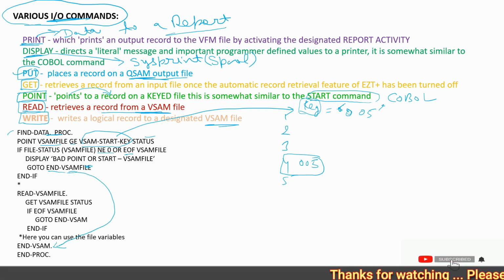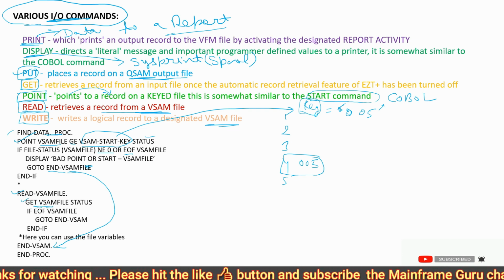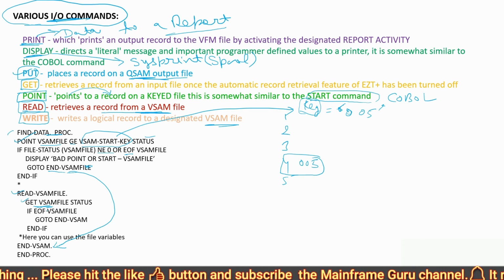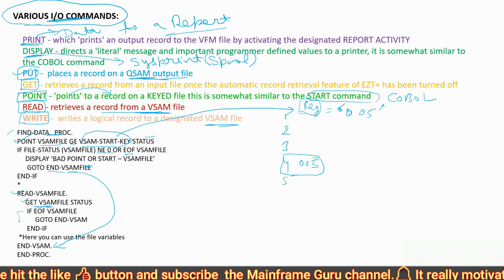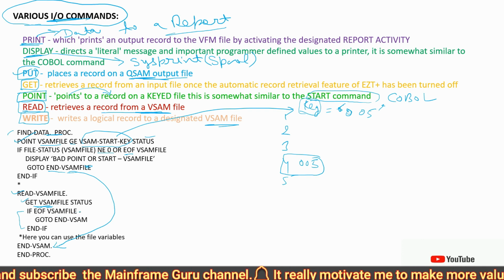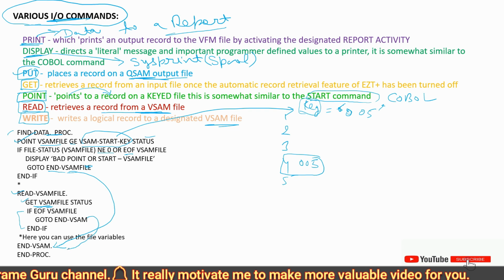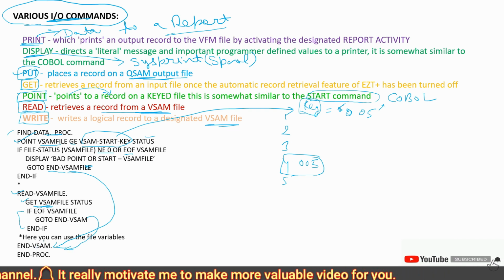For example, it has pointed the record successfully in the file. So then here it will fetch that record where it has pointed, and then it will check here whether it has fetched successfully or not. If it hasn't fetched successfully, then again our control will go to end VSAM.